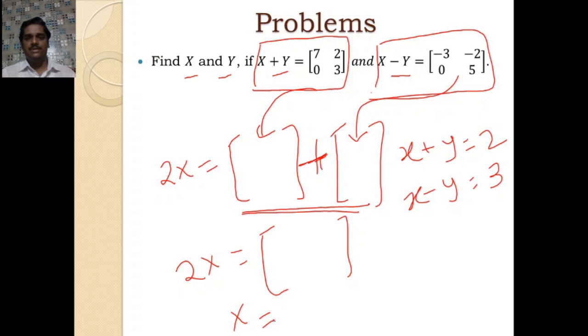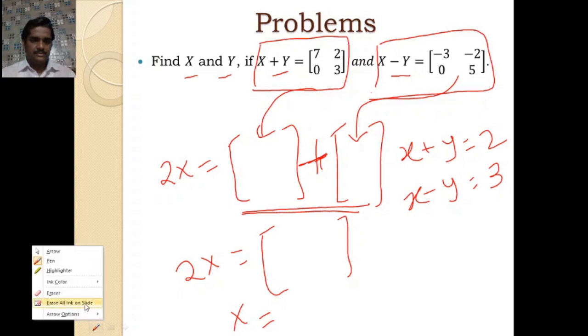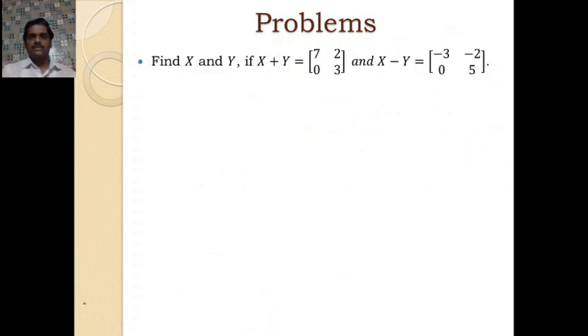What after getting the value of x? There are many ways to do that, but in my solution I have subtracted the two equations. This is one way. What will happen if we subtract? We have x plus y equals the matrix, and x minus y equals the matrix.